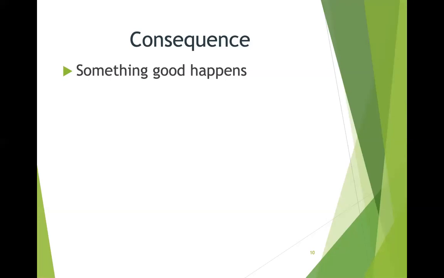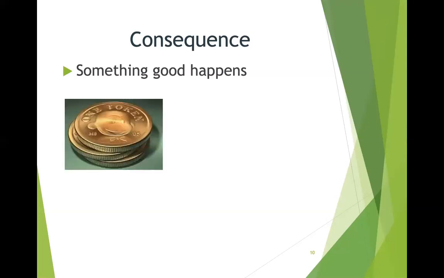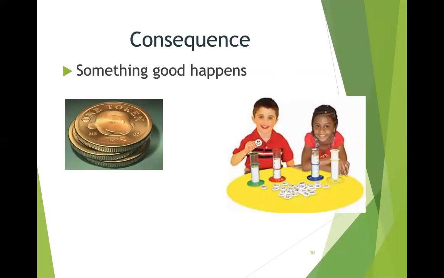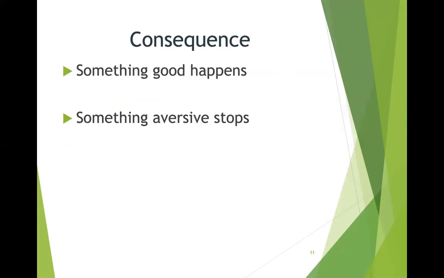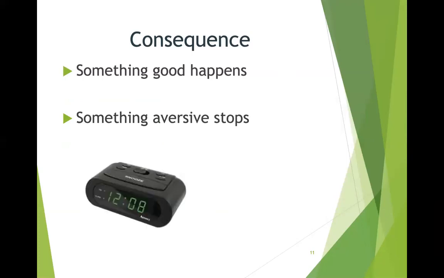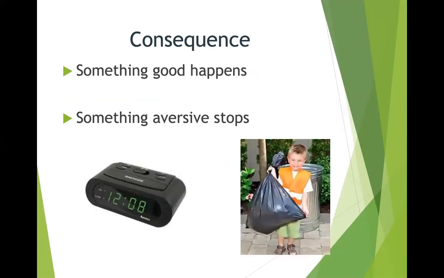So for example, we may have as a consequence something good happens, like earning money or tokens, a high five. We could have something aversive stops, for example, turning off your alarm clock in the morning or taking out the trash.